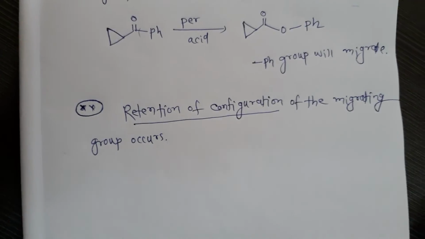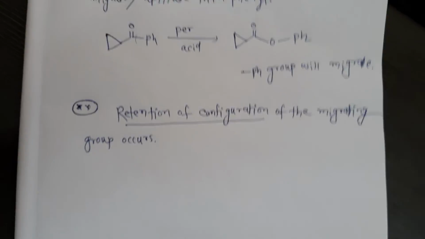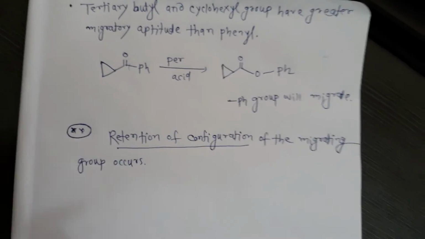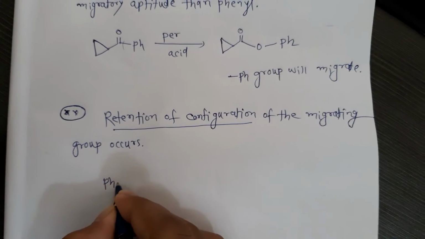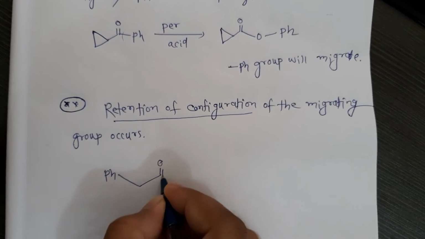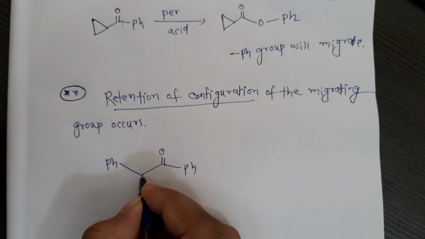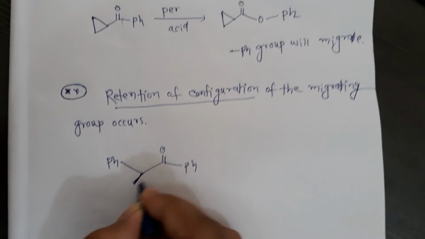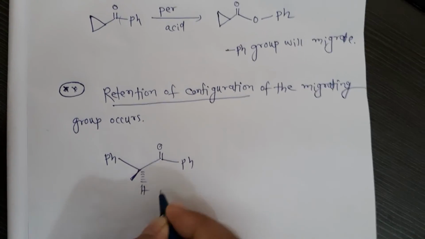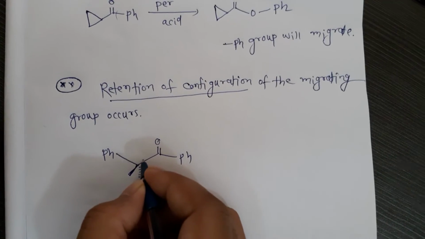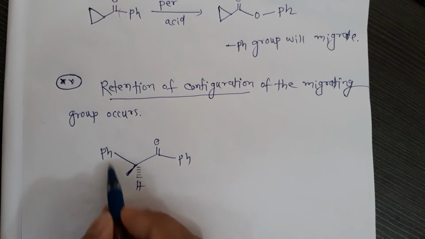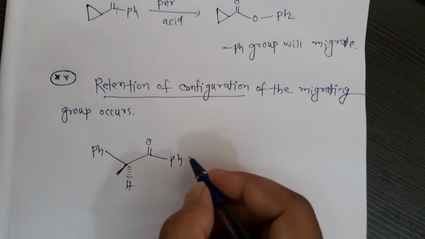Retention of configuration means if there is one chiral center present, Ph, C=O, Ph. Let us consider here a methyl group, here hydrogen. This center is a chiral center because the four substituents are different.